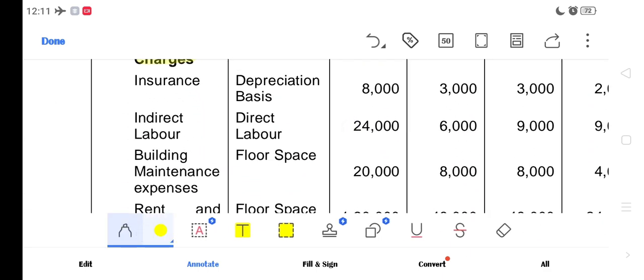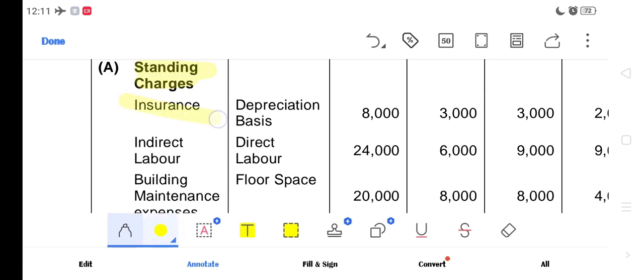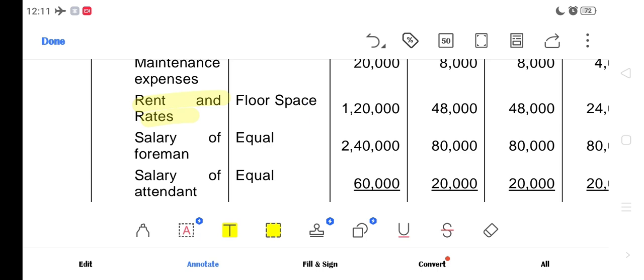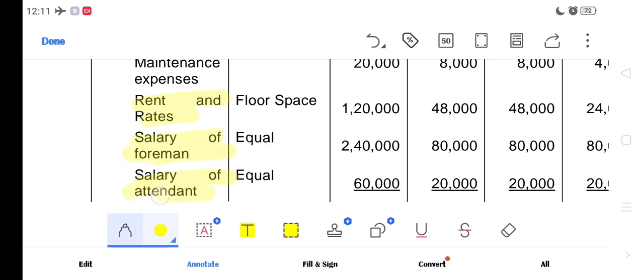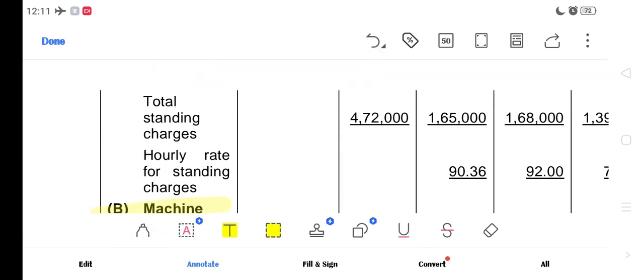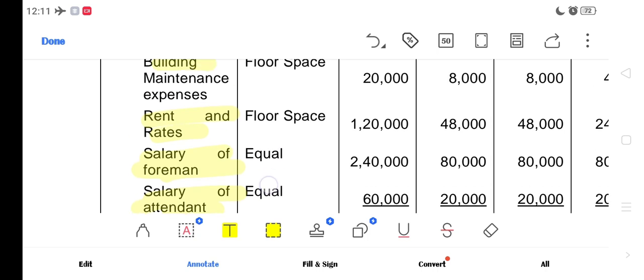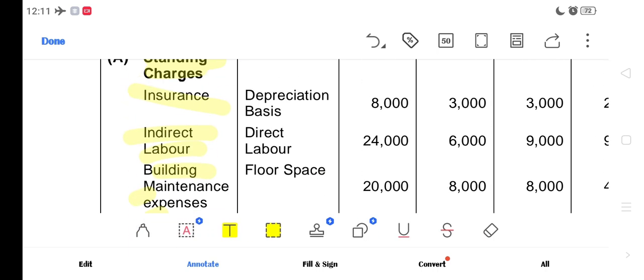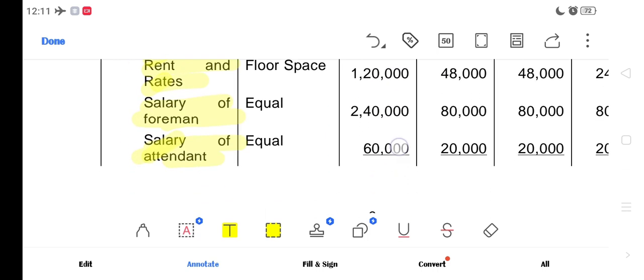Standing charges include insurance, indirect labor, building maintenance, rent and rates, salary of foreman and salary of attendant. And again total standing charges. What is included, guys? Insurance, indirect labor, building maintenance expenses, rents and all.